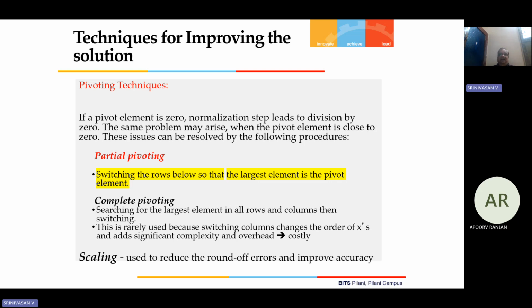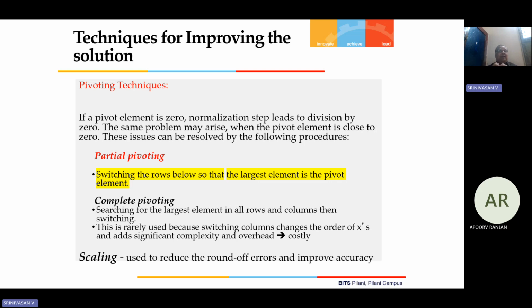See, either it is 0 itself or close to 0 anyway. In a practical problem, it will be 0 only, given. Is it 0.000? Anyway, it is close to 0. Close to 0 means not in the limiting sense; it is 0.00000 something, which means close to 0. So whether it is exactly 0 or close to 0, you cannot divide by 0.